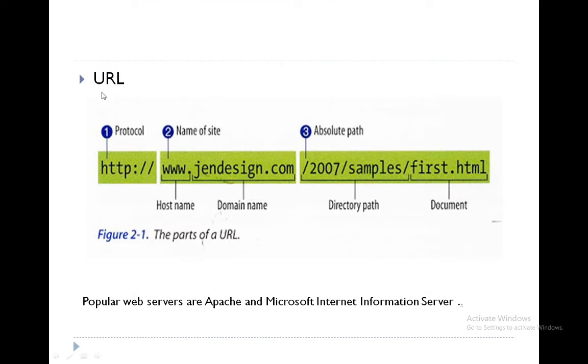Now, what exactly does URL mean? A URL consists of the protocol, the name of a site, then the absolute path.